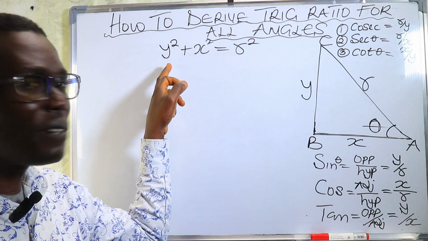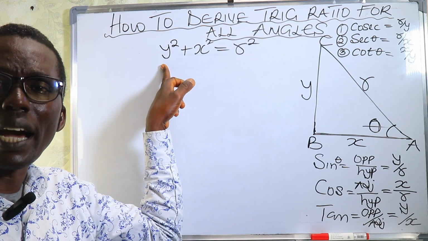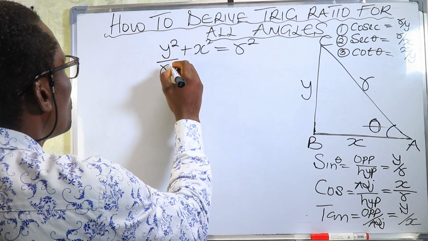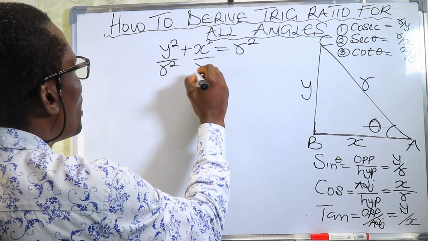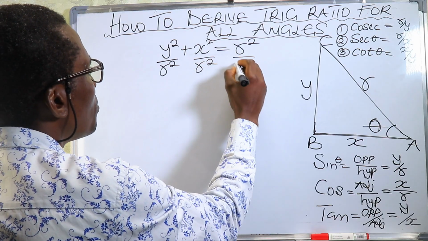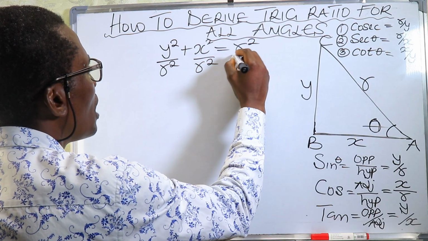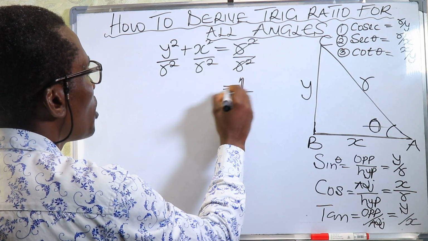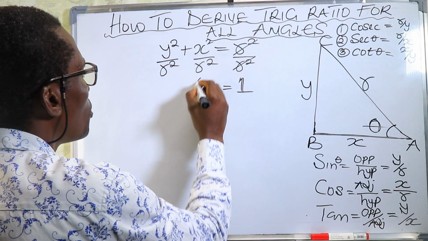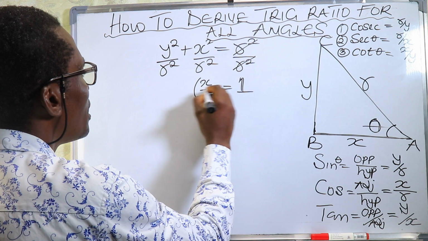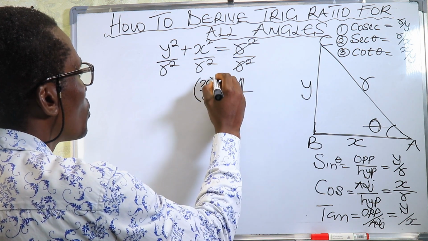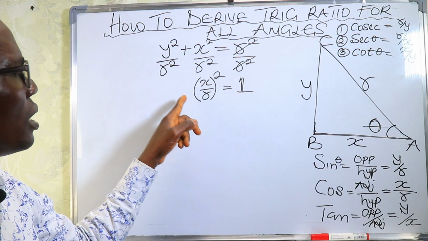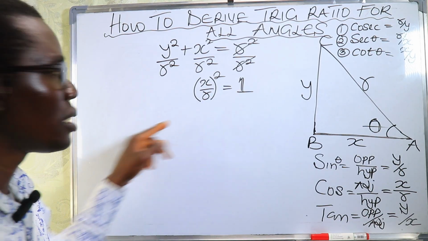Now if I divide all this one by r square, wetin e go give me? R square divided by r square. Now you go see say r square go cut r square, here go give me 1, and this one go dey equal to, now I go take this one like this, x divided by r all square, because na wetin indices talk be that.